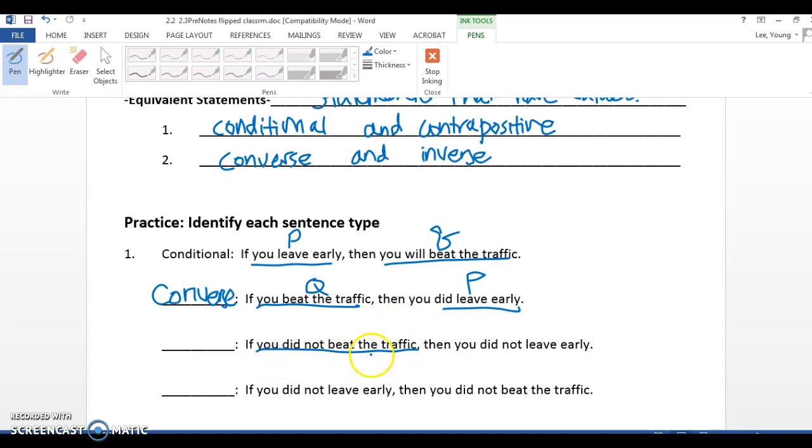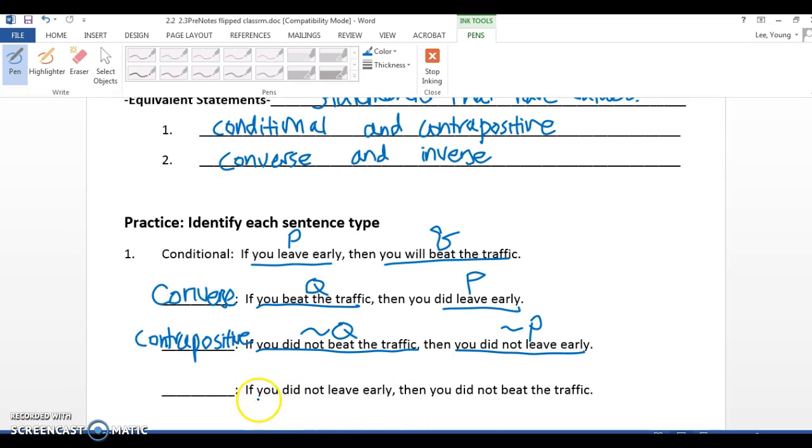Now, if you did not beat the traffic: one is Q, but you negated that. Then you did not leave early. That was the hypothesis, but you negated that. So what do we call that? When you switch the order and make them negative, we call that the contrapositive.